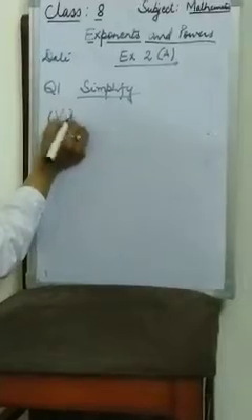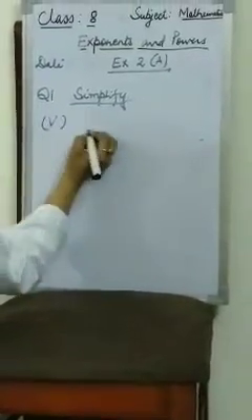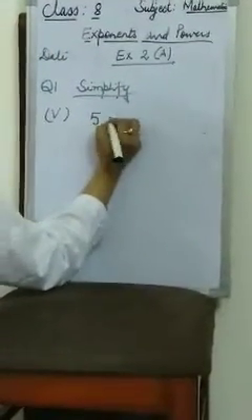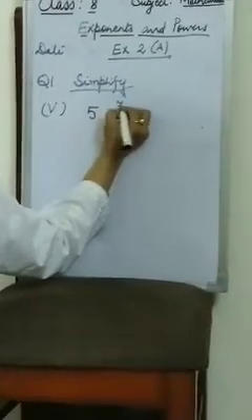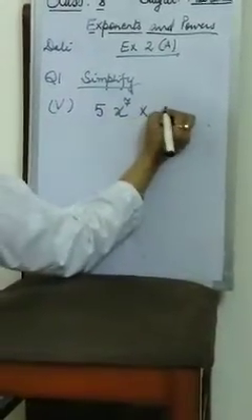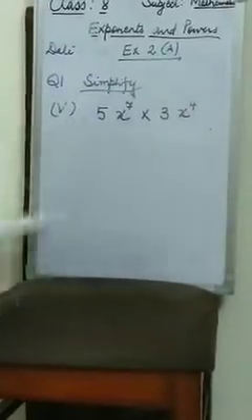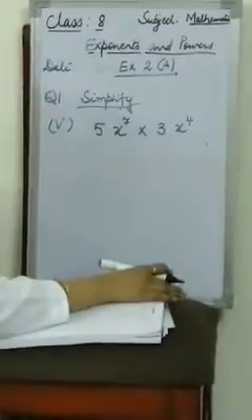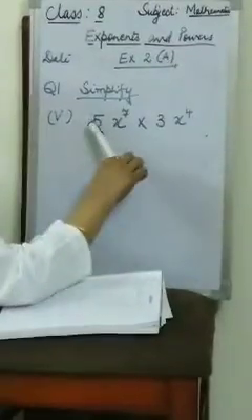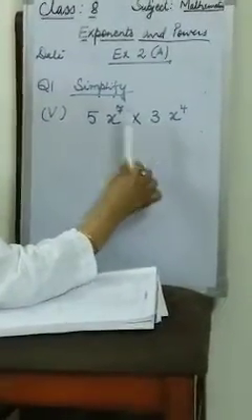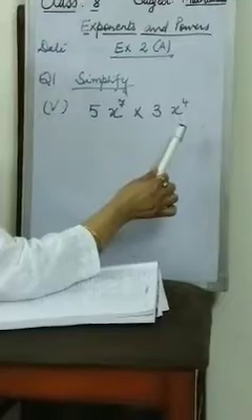What is mentioned in question number 1, 5th part? They are saying 5x to the power 7 multiplied by 3x to the power 4. As we have a variable as well as a constant, the constant will be multiplied to the constant, and the variable will be multiplied to the variable.